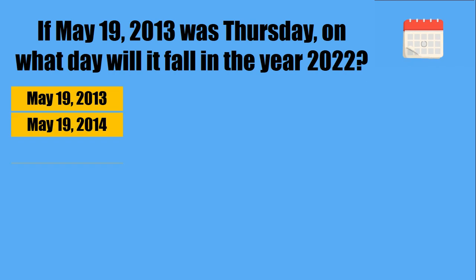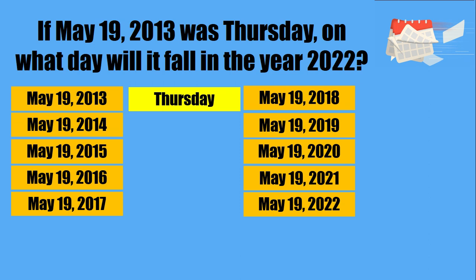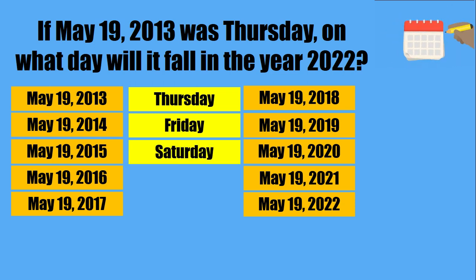Let's just list this down. Let's enumerate. Again, if May 19, 2013 is Thursday, then next year that is Friday. And another one, 2015, that is Saturday. Now, how about 2016? 2016 is considered as one of the leap years. We should take note of the existence of leap years in the given interval of years we are concerned with.